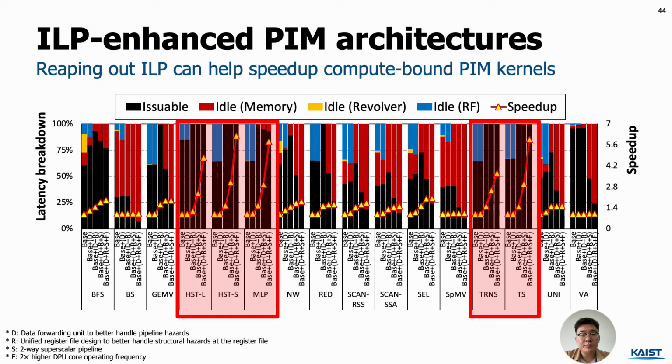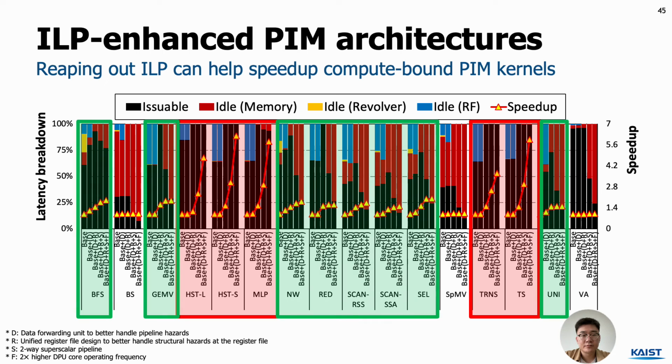For heavily compute-bound workloads like those highlighted in red in this slide, we can see significant performance improvements with such ILP-enhanced PIM architecture, with modest performance improvements being observed for modestly compute-heavy workloads colored in green.